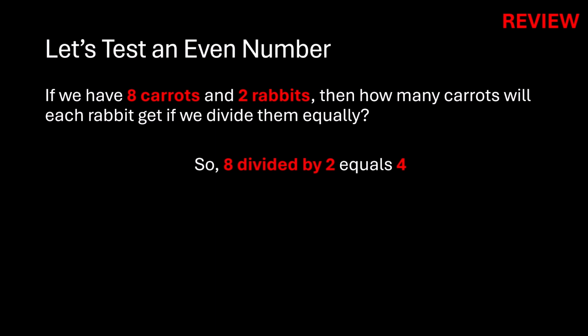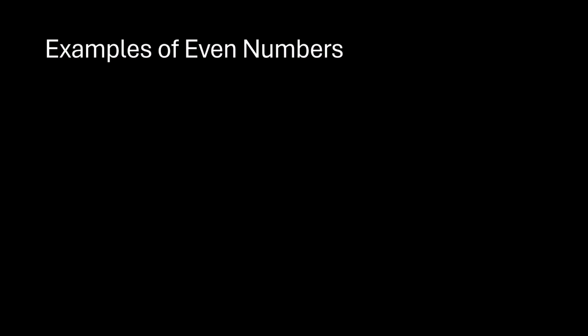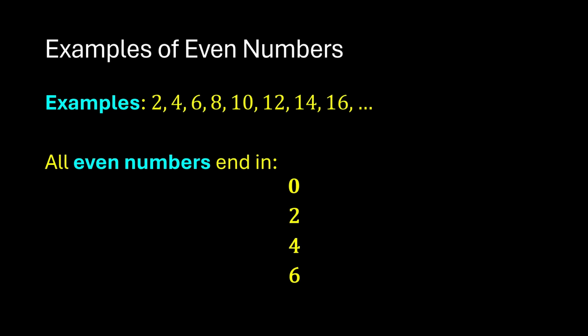So since 8 can be shared equally into two groups of 4, we know that 8 is an even number. Some examples of even numbers are 2, 4, 6, 8, 10, 12, 14, 16, and so on. Notice that all even numbers end in 0, 2, 4, 6, or 8.